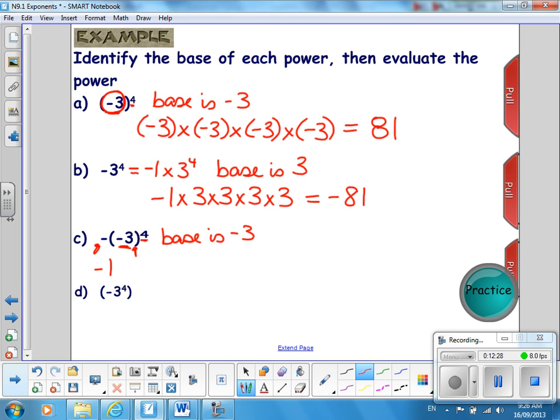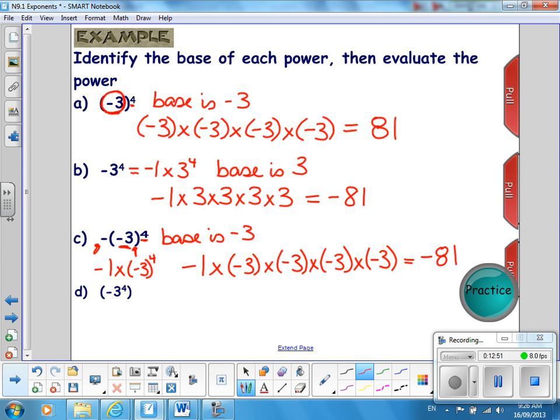This is like saying negative 1 times (-3)^4. So when we multiply this, we've got negative 1 times negative 3 4 times. So what we have here is we actually have 5 negatives, which means our answer is going to be negative. An odd amount of negatives will give you a negative answer. So it will be negative 81.